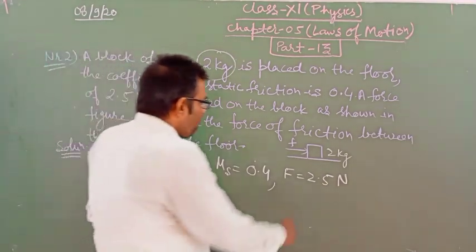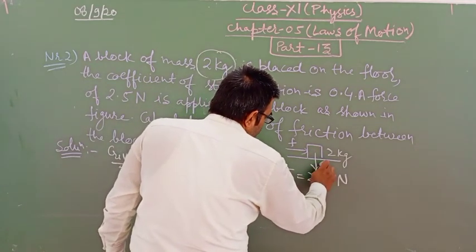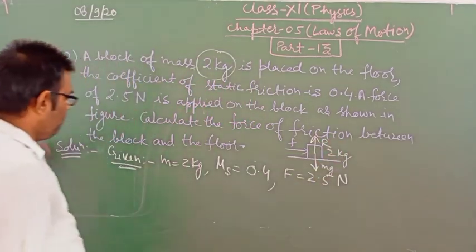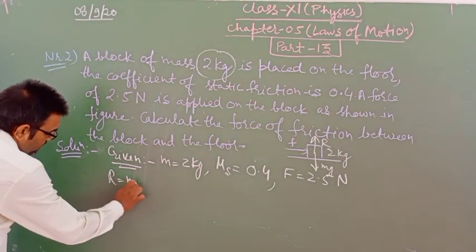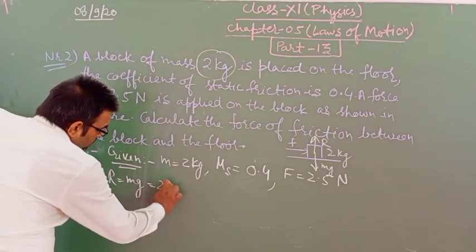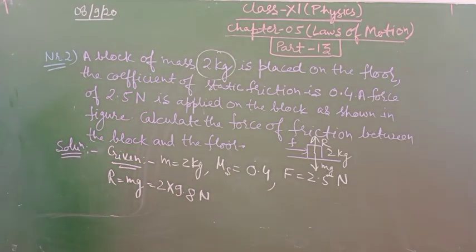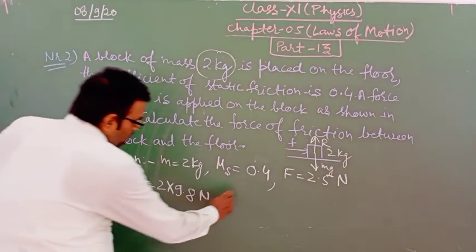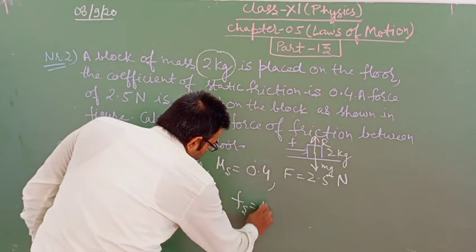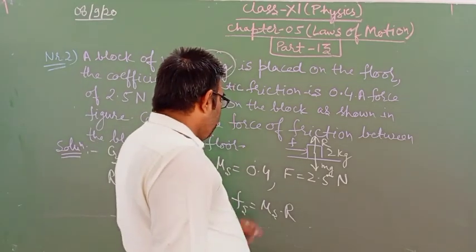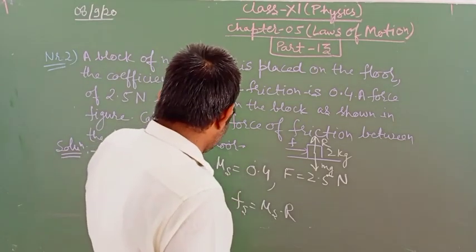Now look here, the normal reaction. R is equal to m into g, which is 2 into 9.8. This is the normal reaction. Now based on the formula, we have to calculate the force of friction. So Fs is equal to mu s into R. Mu s is given and the normal reaction is given.